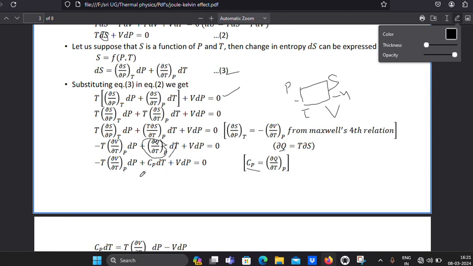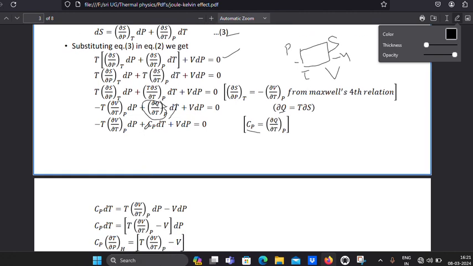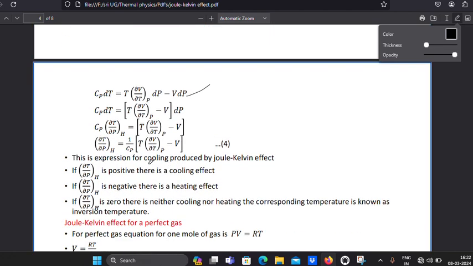Now for this, keep these two terms this side and bring the remaining two terms that side. If you bring this side plus, it is plus. If you bring this side minus. Now see here, you have dP.